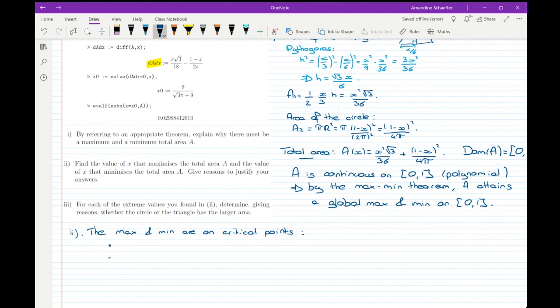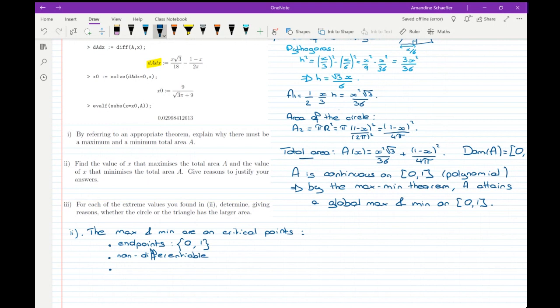And we have 3 different types of critical points, which are, well, if we start with the easiest ones, endpoints. Okay, here the endpoints are 0 and 1. So that's an option. Then the other type of critical points is where the function is non-differentiable.